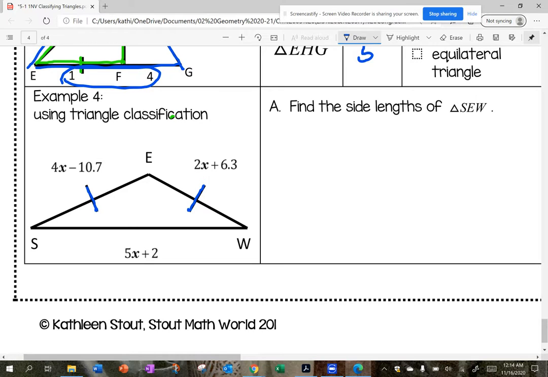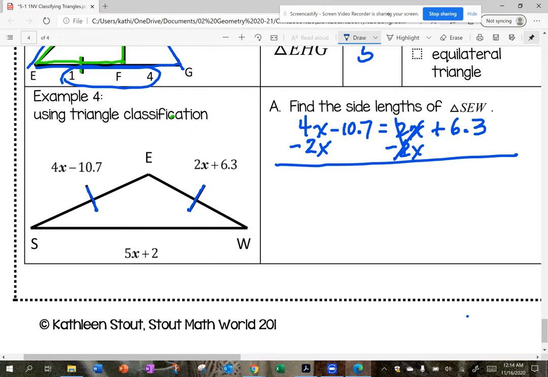My 2 congruent sides are equal, so I can set up 4x minus 10.7 equals 2x plus 6.3. So I'm going to solve for x. So I'm going to add the inverse, which is minus 2x. So I get 2x minus 10.7 equals 6.3. I'm going to add the inverse again. So I'm going to add 10.7 to both sides.